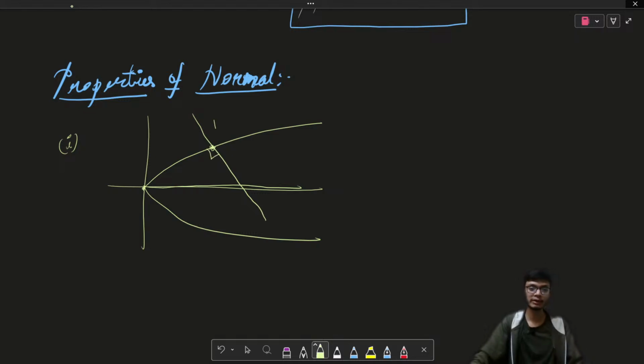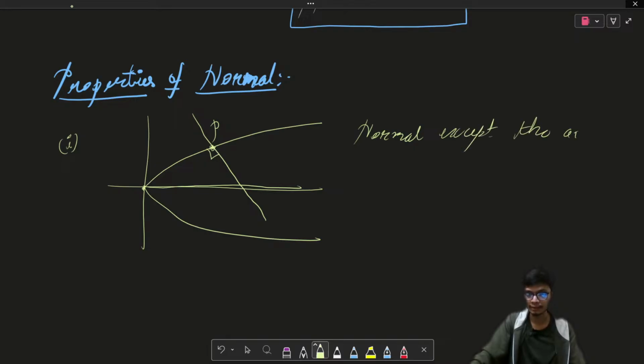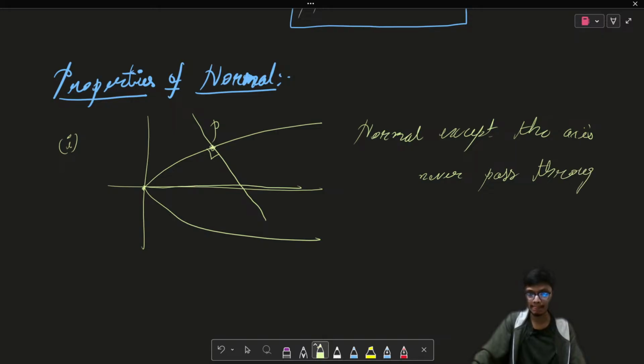So normal except the axis never passes through the focus. Okay, so this is a very basic thing that we need to keep in mind.